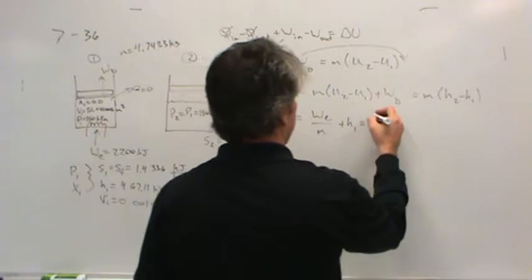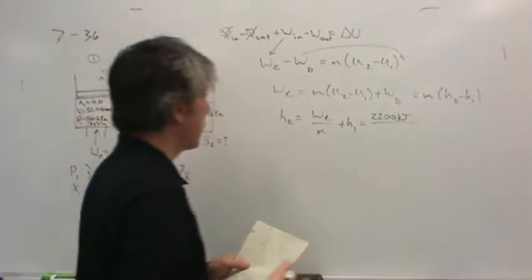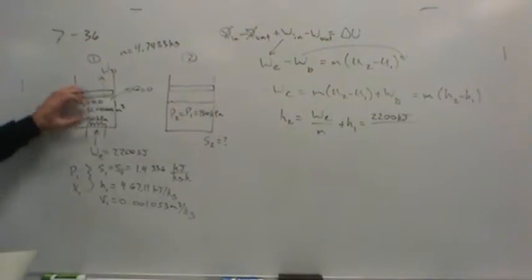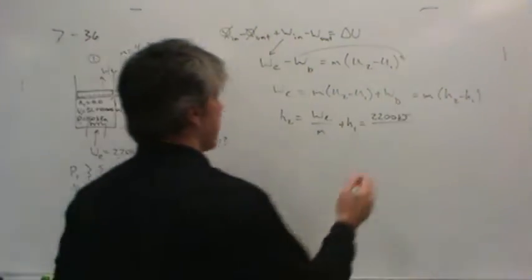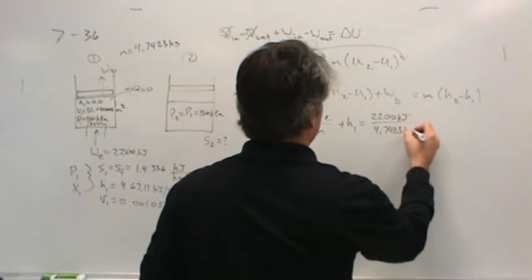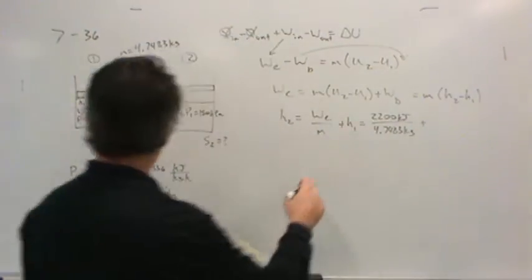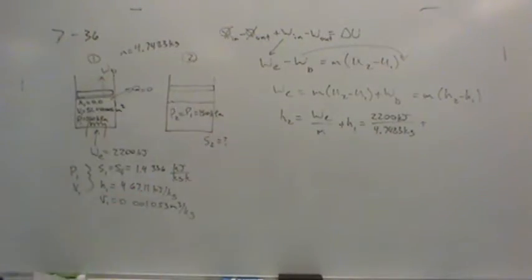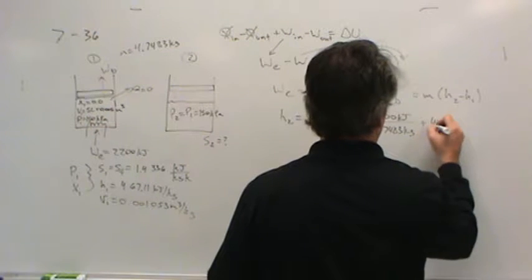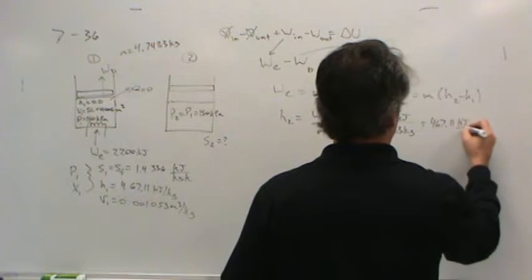The electrical work then is 2,200 kilojoules, and that 2,200 kilojoules goes into the almost 5 kilograms of mass, the 4.7483 kilograms. And we have to add to that the enthalpy in state 1, which we found as 467.11 kilojoules per kilogram.